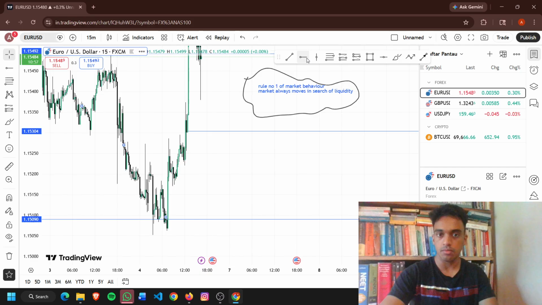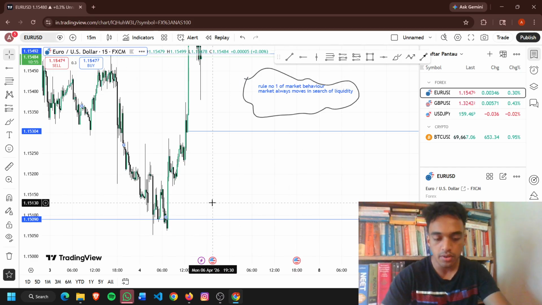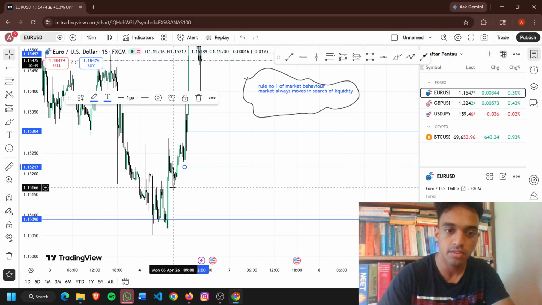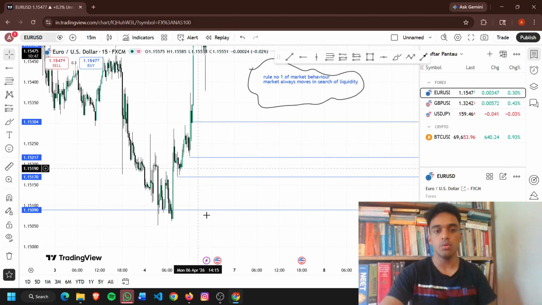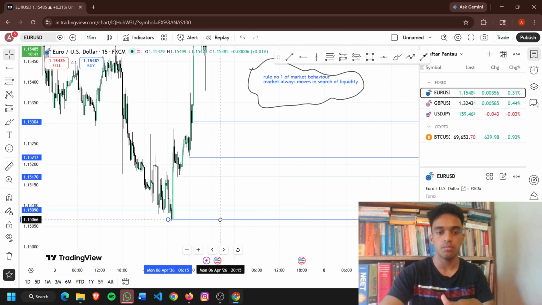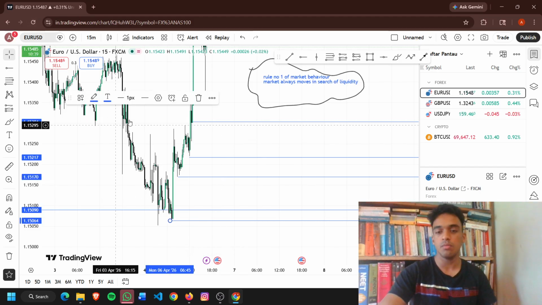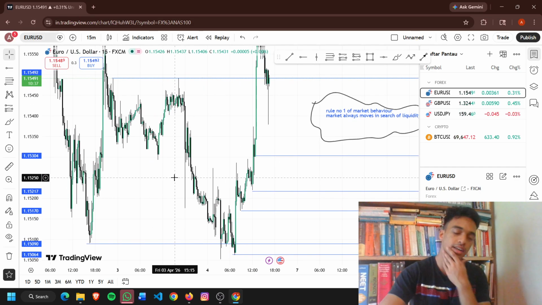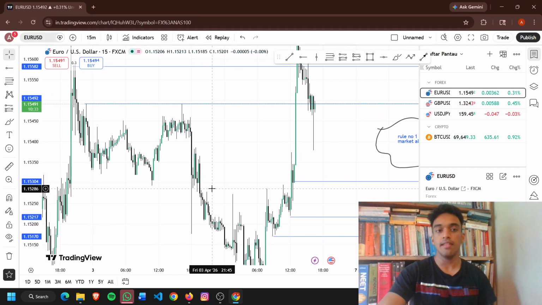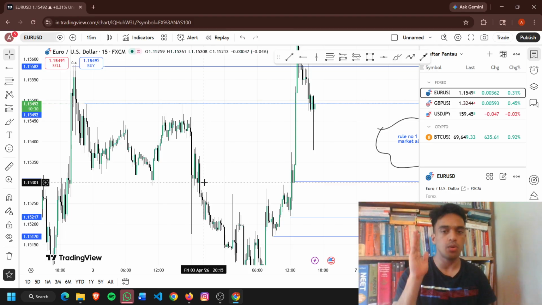You can also mark this line with the shortcut Alt J. It will go and tap one of these lows and then move back. This is how the market moves most of the time, mostly for EURUSD. I trade mostly EURUSD, so I'm used to these patterns. The market always goes after liquidity.